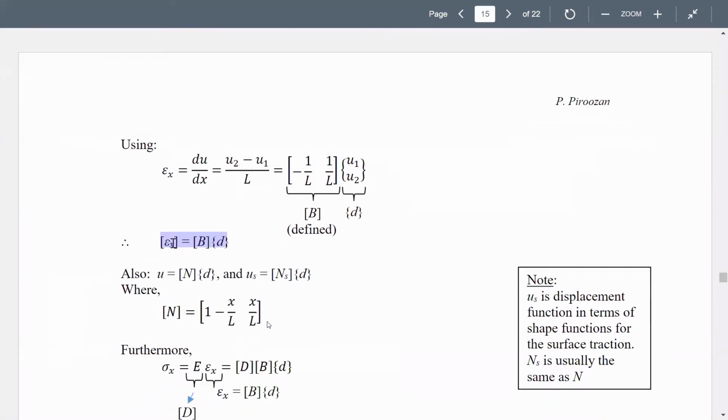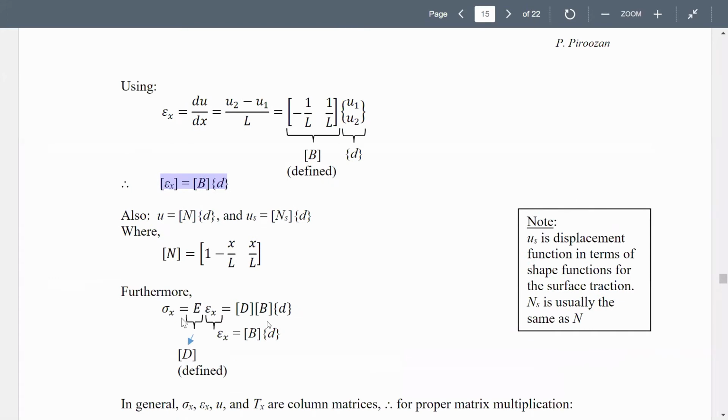Now that we have epsilon, let's find stress. Let me jump to this one. Stress is E epsilon. In this class, we represent everything in matrix form because computer programmers need to call these matrices by name. So we call this one the D matrix. It is the material matrix, so all materials go into this matrix.